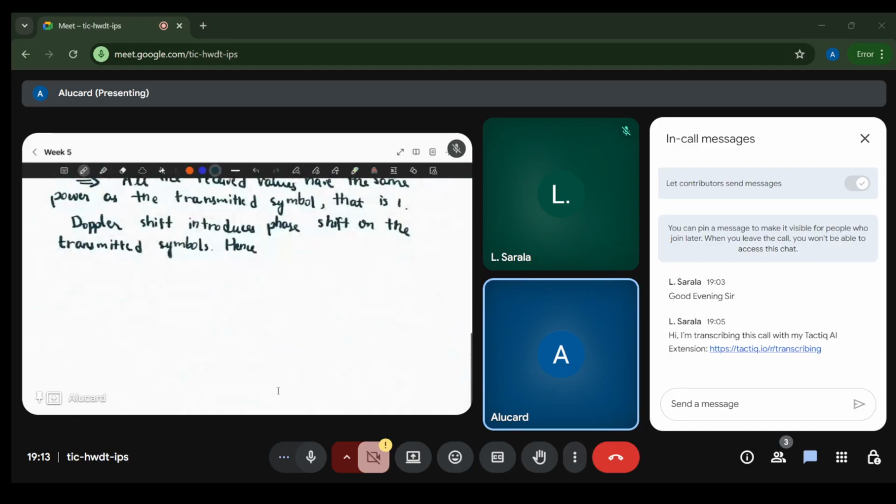Hence, the received values will lie on the unit circle. You can go back to your lecture and see how the Doppler affects only frequency and phase and not the amplitude.